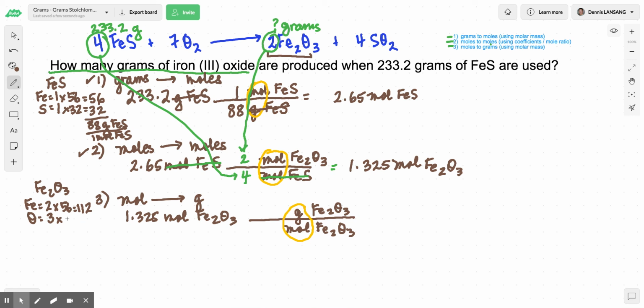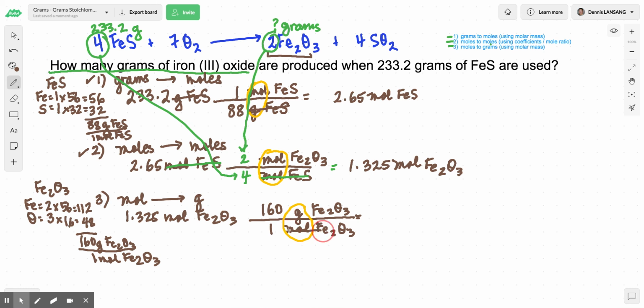And the molar mass of each oxygen is 16. That's 48. So therefore, 112 plus 48 gives us a total molar mass of 160 grams of Fe2O3 is 1 mole of Fe2O3. 160 grams is 1 mole.